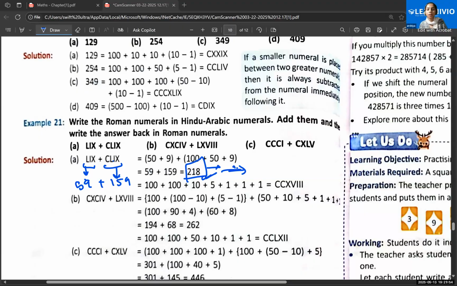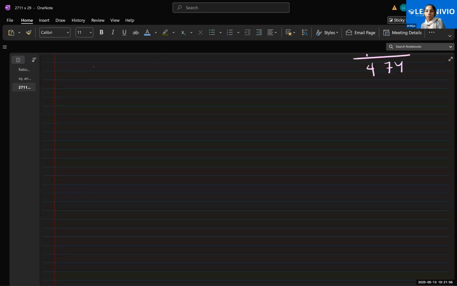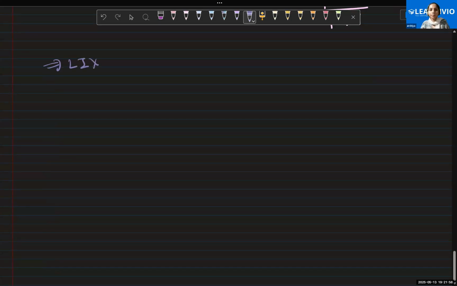Can you see the screen? Yes. Okay. Plus, what was the other number? Let me check. CLIX.